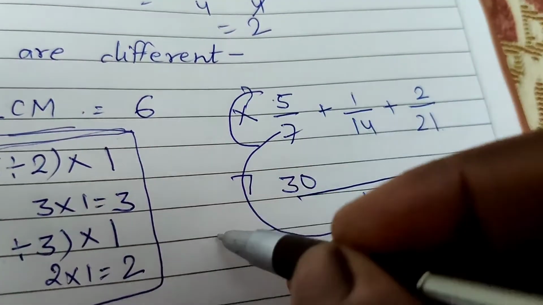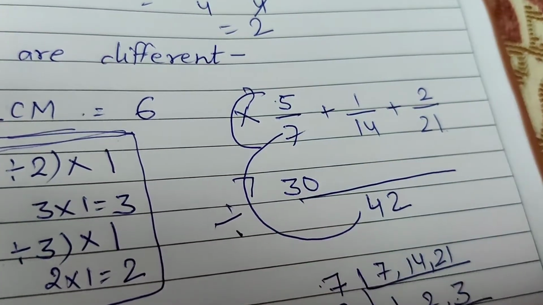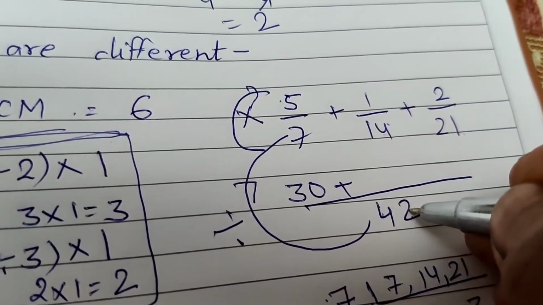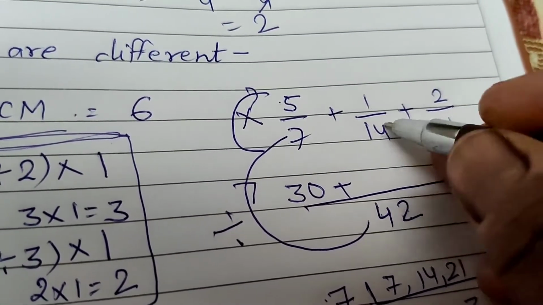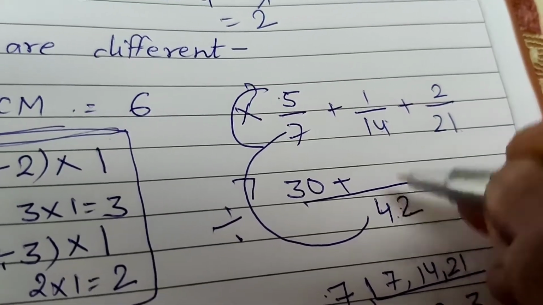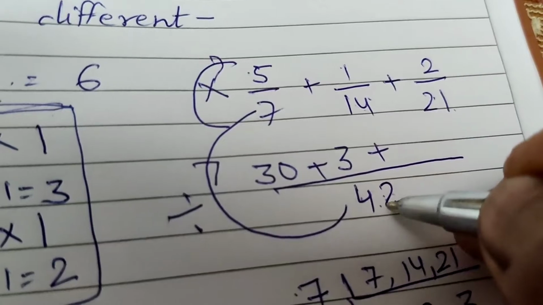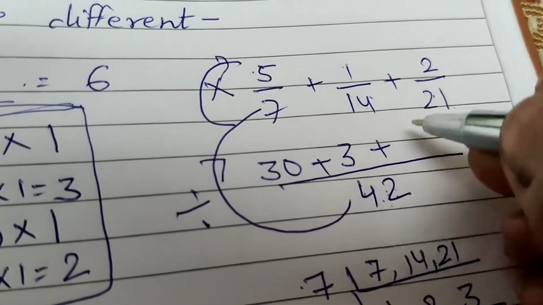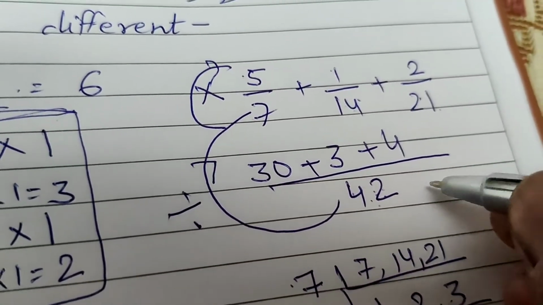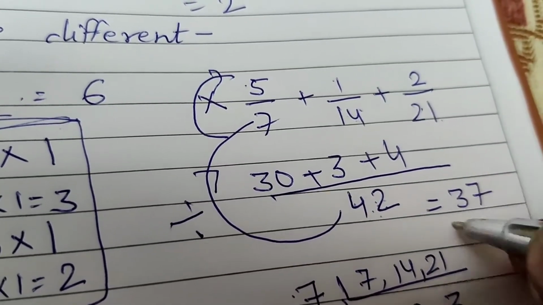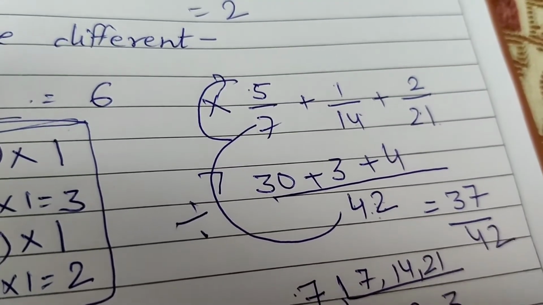This is multiplication, here is division. Next, 14 threes are 42. 3 into 1, 3. 21 twos are 42. 2 into 2, 4. Now the answer is 30 plus 3 plus 4, 37 by 42. Easily you can add.